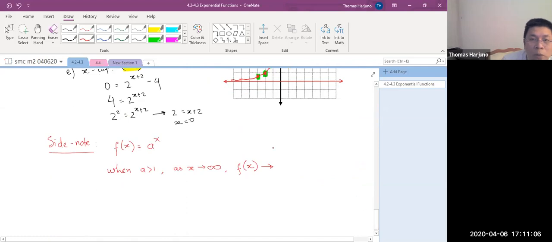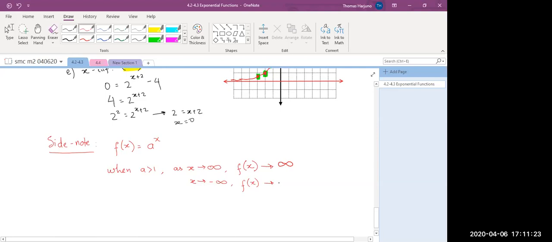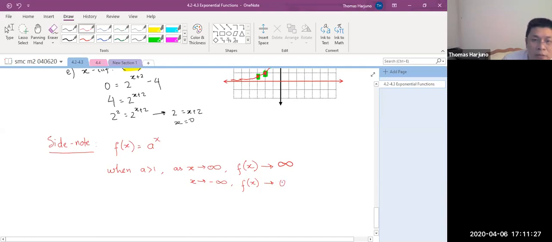It will explode to infinity. While when x goes to negative infinity, the function will get very close to the horizontal asymptote, which is 0. That's right.